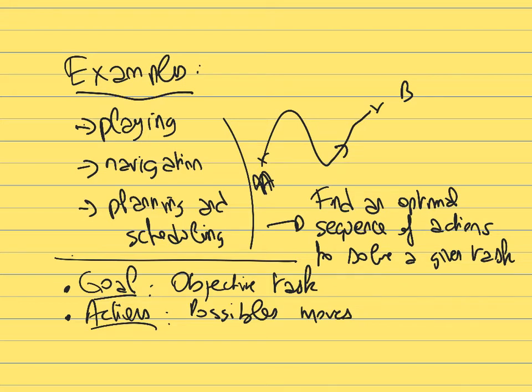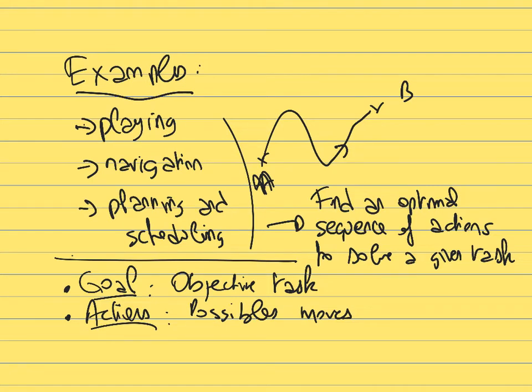You have to make sure you follow the rules of the game. In the same way, if you are navigating from point A to point B, you necessarily have to follow traffic rules, but also you have to follow streets. You cannot just go directly in a straight line from point A to point B if there is no street. So the number of actions that you can take are restricted by the number of allowable choices that are accessible to you.